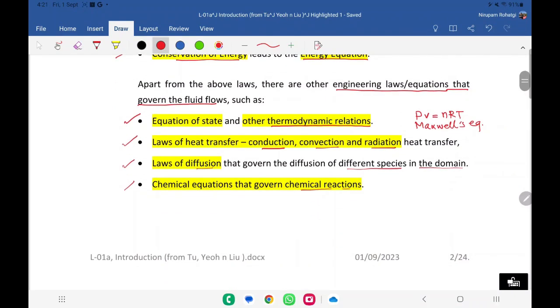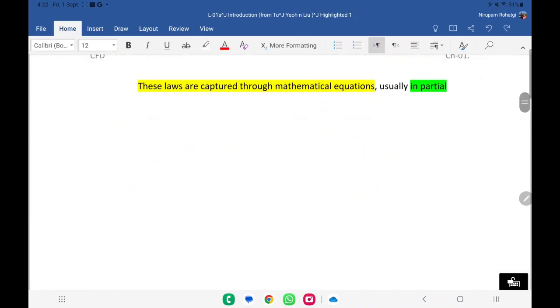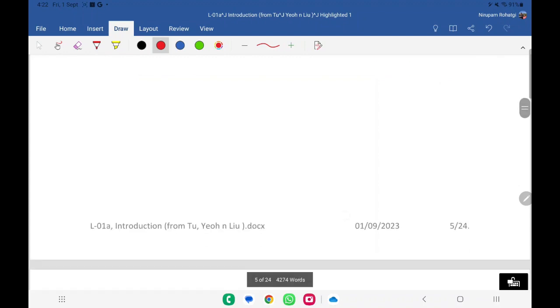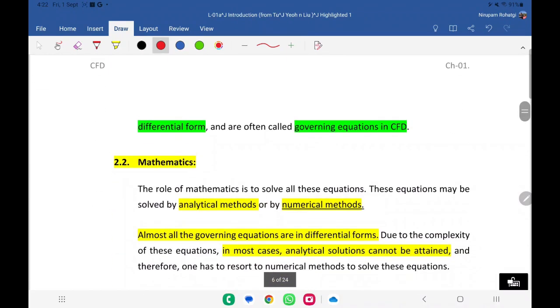Now, you have to take care of those equations which govern the chemical reactions. When we talk about these laws, many of these laws have the form of partial differential equations, and they actually come into play.